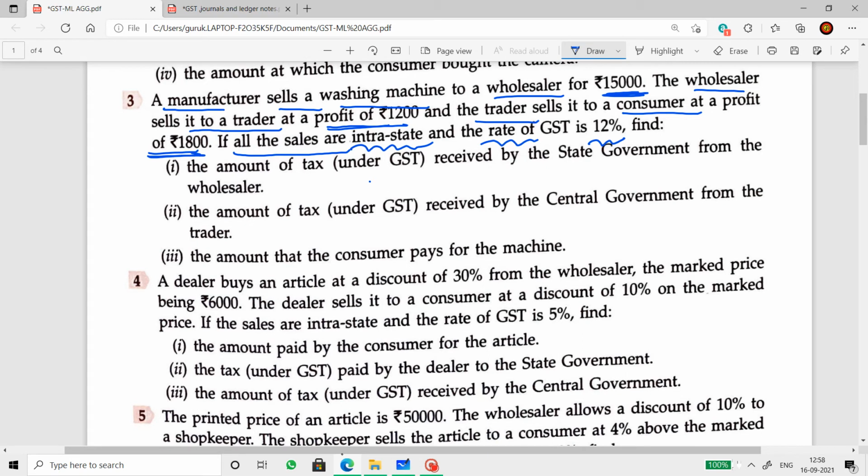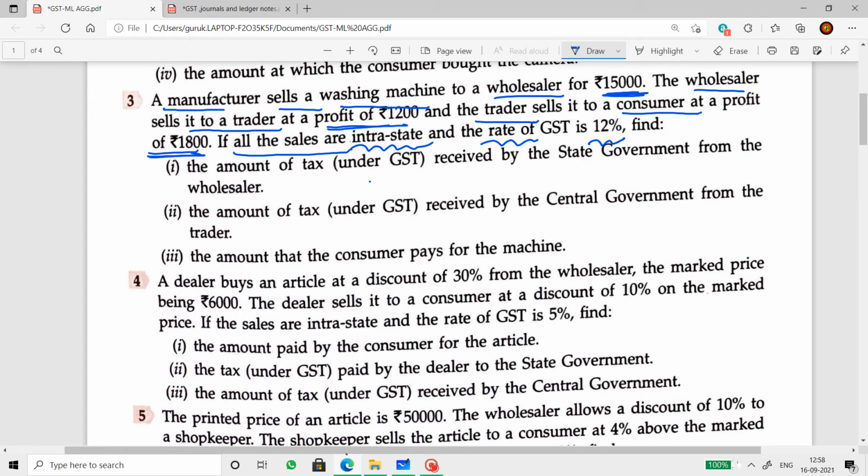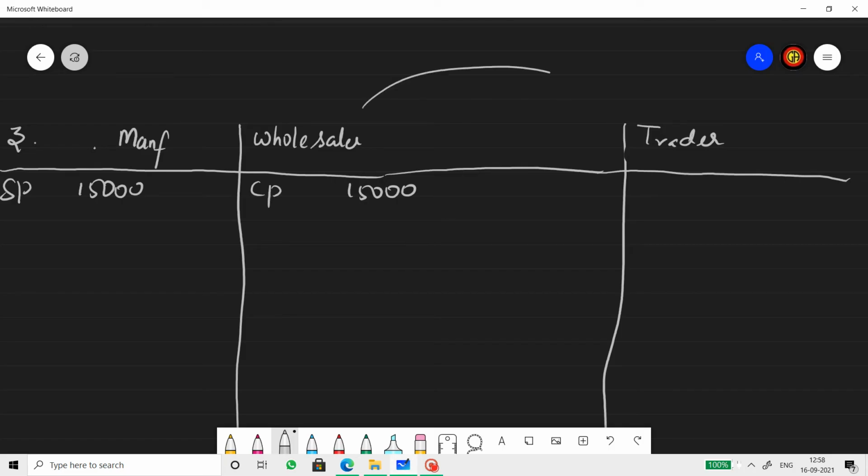The manufacturer sells a washing machine to the wholesaler for 15,000 rupees. So the selling price of the manufacturer is 15,000, which is the cost price of the wholesaler. The wholesaler sells it to the trader at a profit of 1,200.